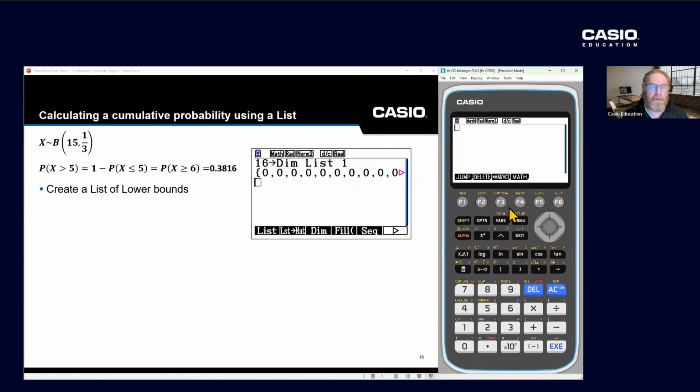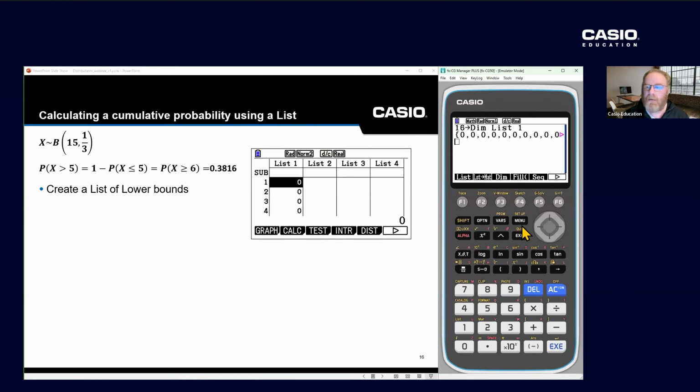What we need to do is create a list of lower bounds, so a bunch of zeros effectively. There are 16 items I want to create, and I am going to create it for the dimension of list 1. So that means list 1 has now got 16 zeros.